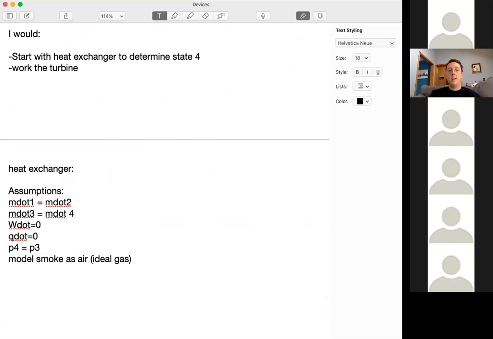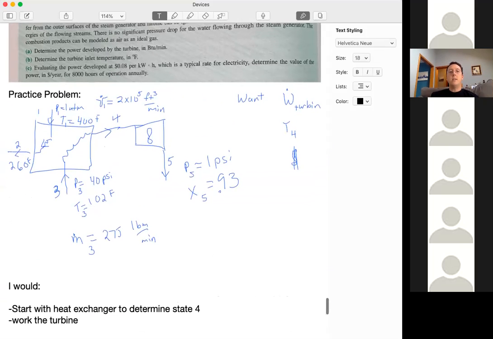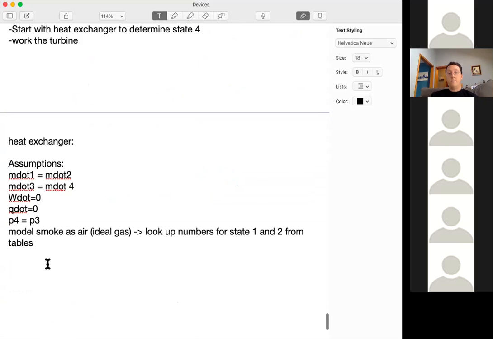So that means we can look up numbers for state 1 and 2 from tables. There's an ideal gas table of enthalpies and things for air. So for states 1 and 2, you can just look up the numbers from the tables.